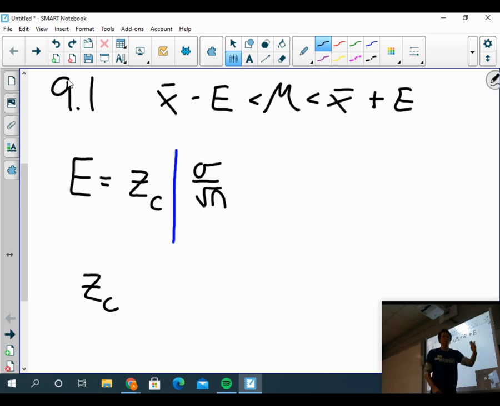That would be if I kept taking samples of size 10 out of the pond and calculated the sample means, the distribution of all those sample means matches the normal distribution based on the fact that the sample size is greater than 30.